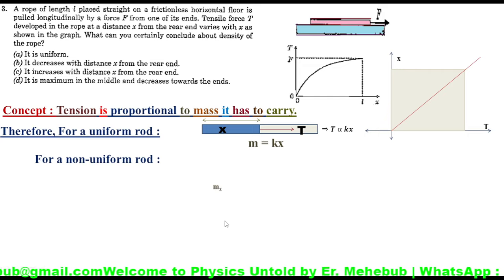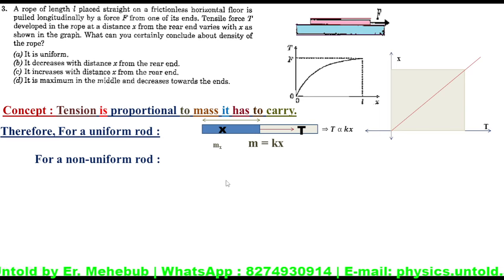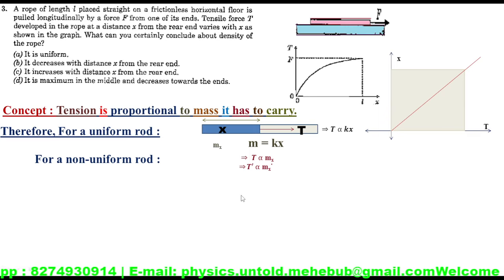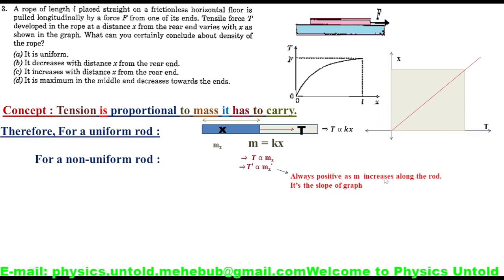For a non-uniform rod, let the mass of this portion be m(x), because this mass is a function of the distance x. From this we can say T is proportional to m(x), and if we differentiate this equation, we get T dot is proportional to m(x), and this T dot is always a positive quantity as m increases along the rod.